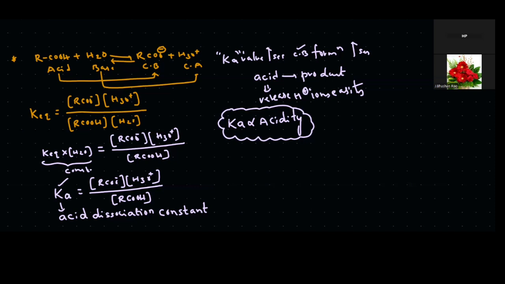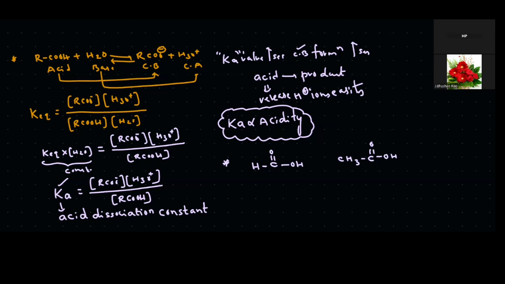The first example is HCOOH. Another one is CH3COOH. In these two, which one is more acidic? How do we identify the acidic strength of the given molecules?